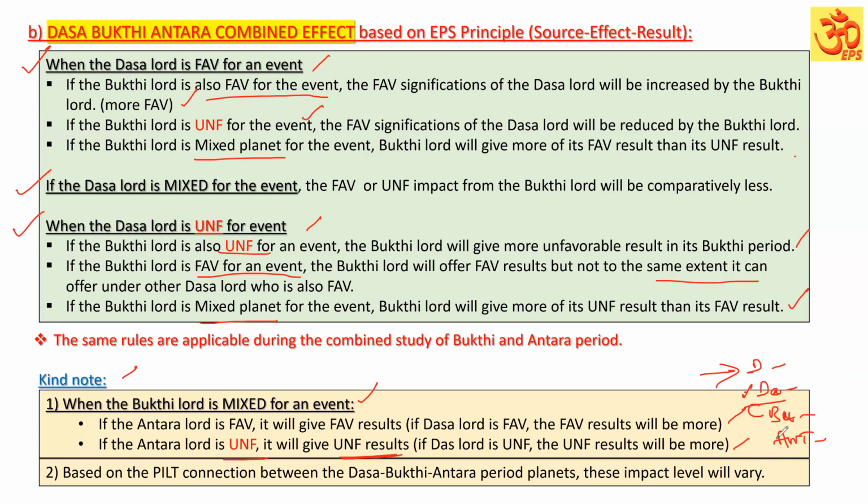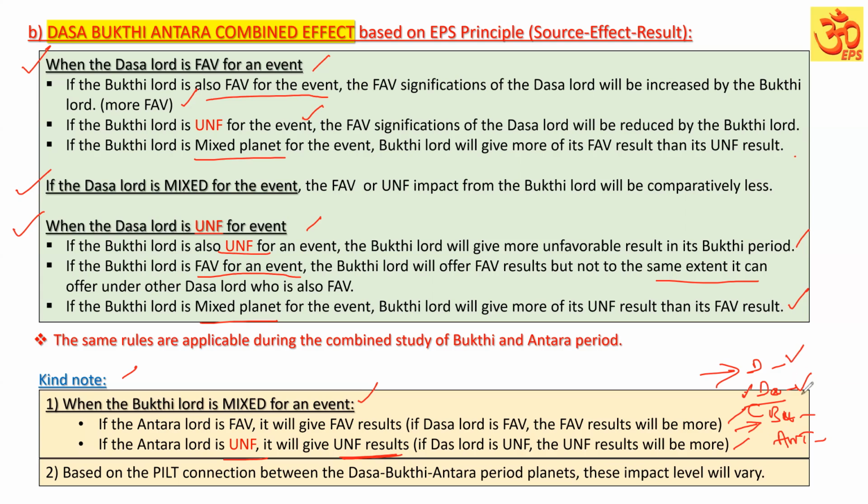This is called the planetary interlink theory. Dasa, Bugdi, and Antra combine their effects. One Bugdi can be favorable or unfavorable for an event. If Bugdi is unfavorable because of its significations, definitely it is going to give unfavorable results. But the impact of that unfavorable Bugdi Lord will vary depending on under which Dasa it is running, whether the Dasa is favorable or unfavorable, and depending on the destiny level fixed.